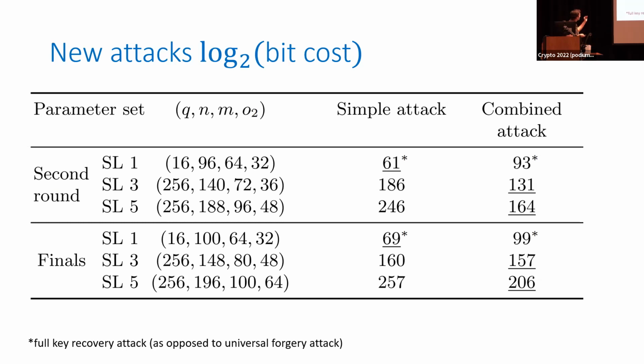But for the higher security levels, the cost is still quite big. For example, 2^131 for security level 3 of the second round, which is still out of reach of laptops and other computers that we have.